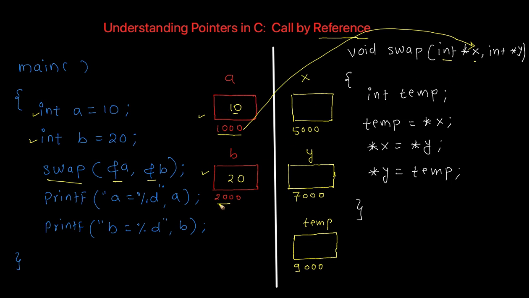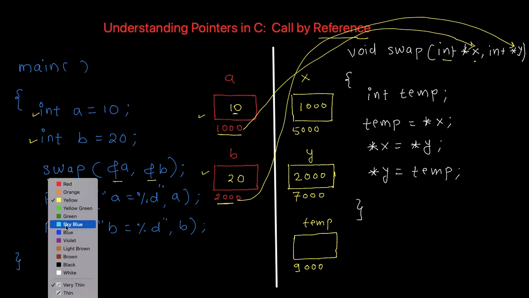We are also passing the address of integer variable b, so we need an integer pointer here. So we need two integer pointers there, and they will hold the addresses of a and b respectively. x will hold the address of a and y will hold the address of b. So in memory, this 1000 will be stored in x like this, and this 2000 will be stored in y like this. That's what will happen in memory.